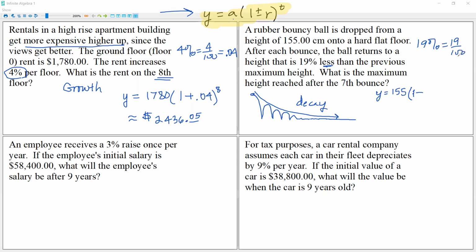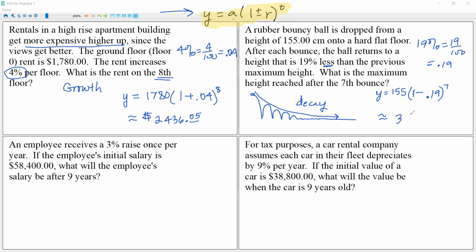Percent means per 100, and so that's 0.19. So 1 minus 0.19 to the T power, and T is the time that it has bounced, and so 7 times. The calculator is going to give you that, not 155, that's where we started.